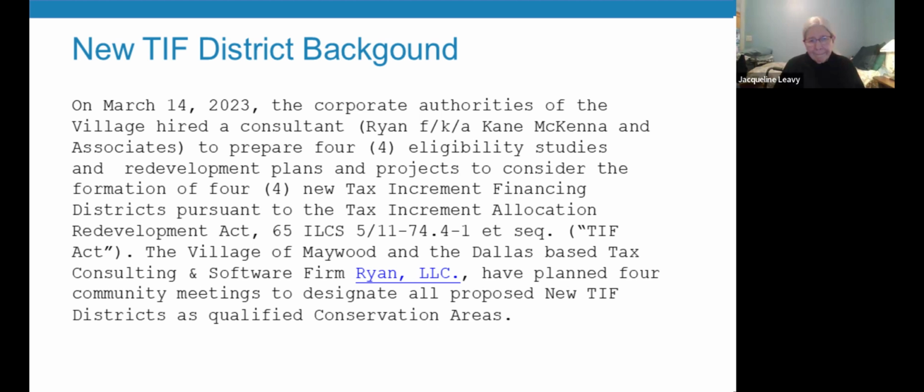And that information, again, we will certainly make available to everyone in the community who wishes it or would like to just be curious about this information. And the new TIF districts that are proposed, they're qualifying them as conservation areas.